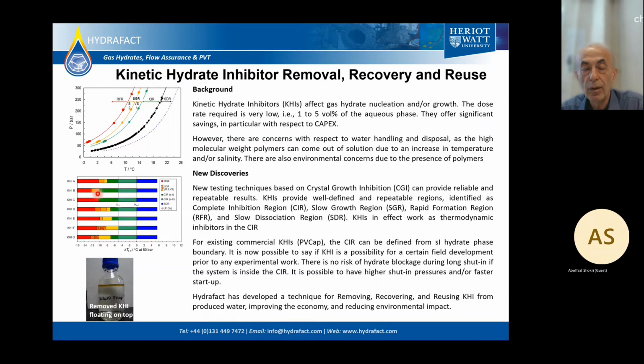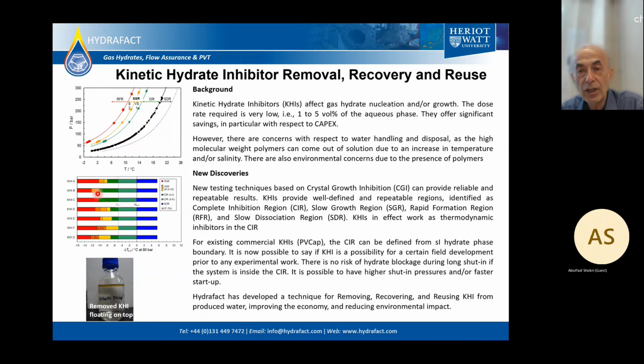So, produced water: first, we add a fatty acid or fatty alcohol to separate the polymer, and then send the remaining water to the MEG regeneration unit. Now it doesn't have any polymer.